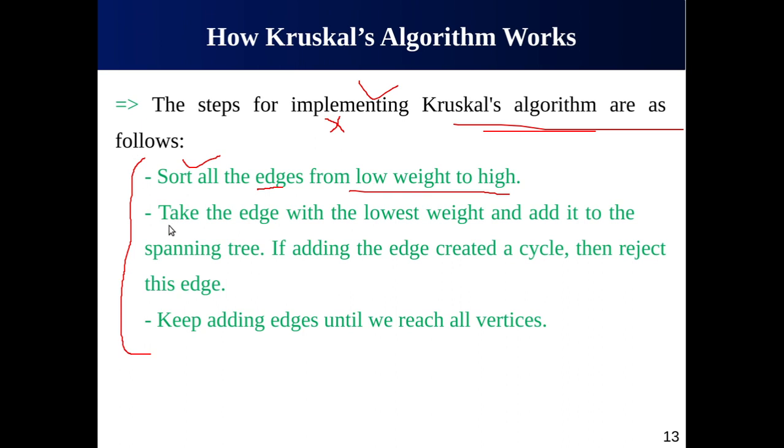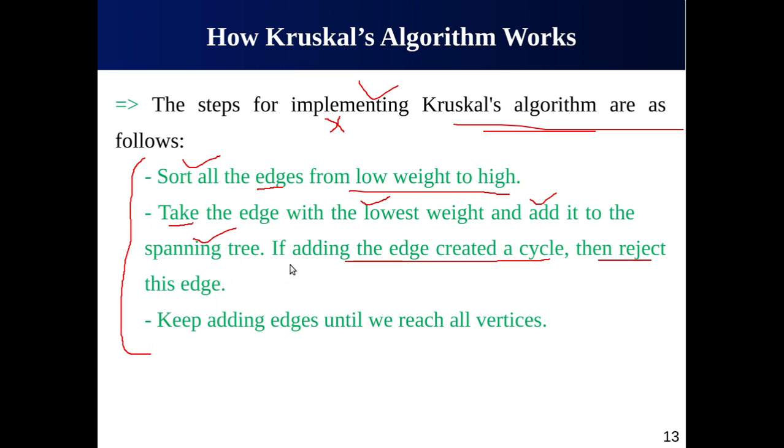After that, in the second step, you will have to take the edge that has the lowest weight and add it to the spanning tree or the output. But remember, if that edge leads to a cycle, then you have to reject it. You will not include it in the output, because we will try to avoid cycles, the loops.